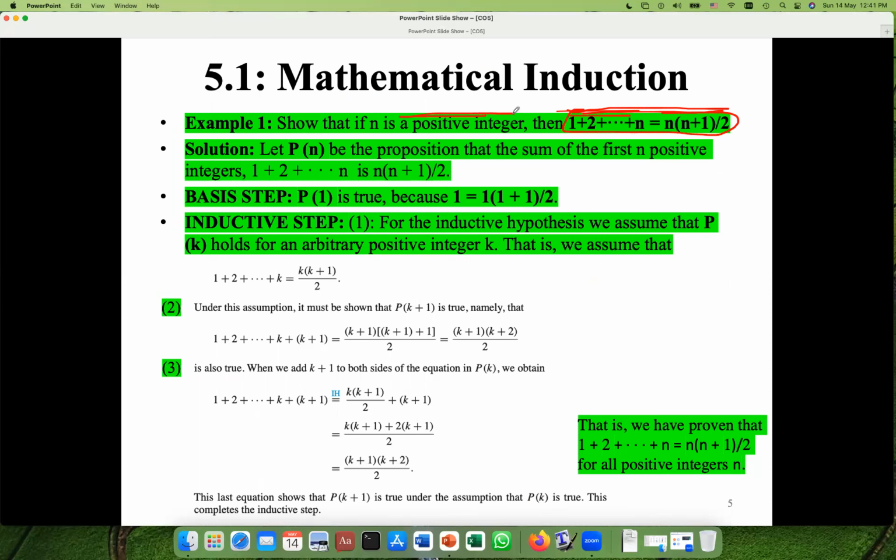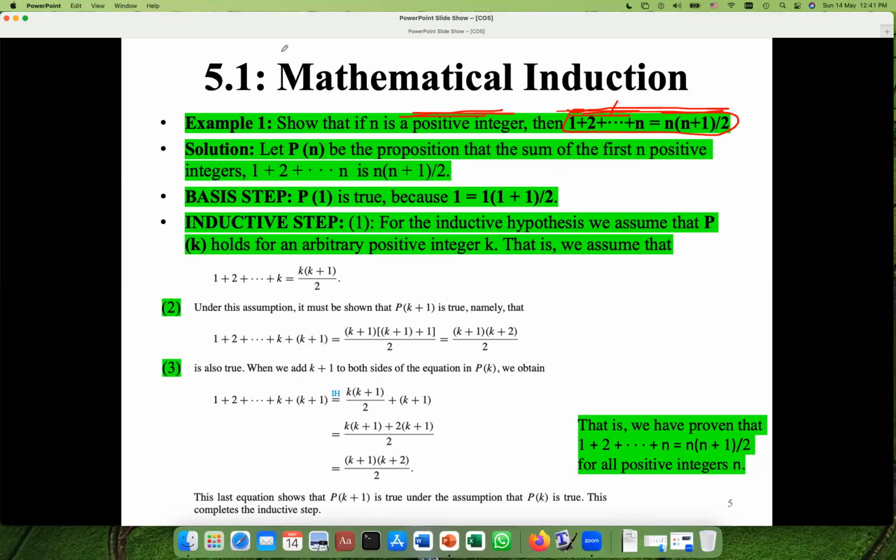This is the question. You have to show that the left-hand side and right-hand side are equal, and this is true for all positive integers.